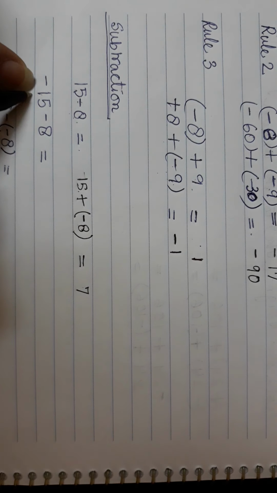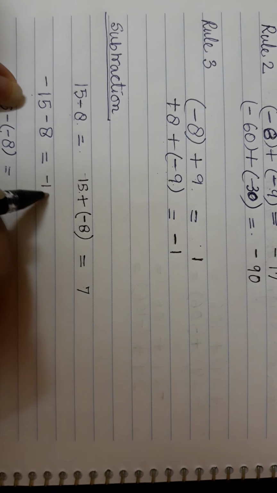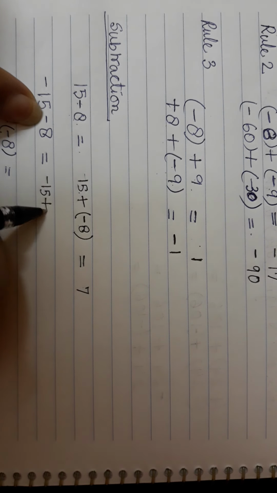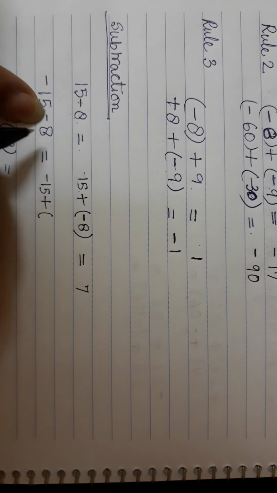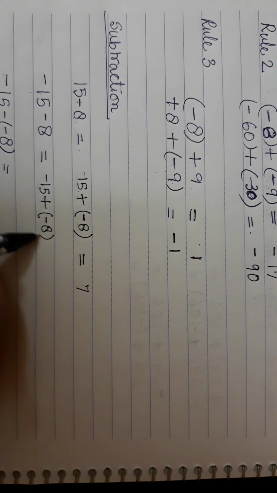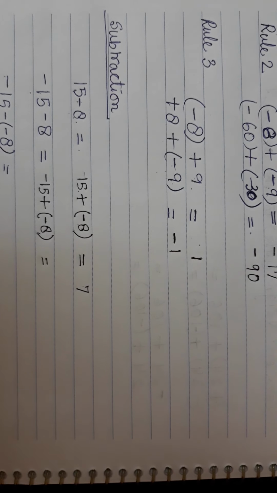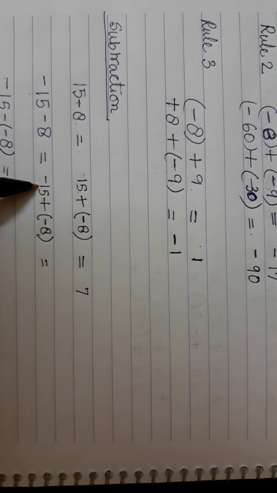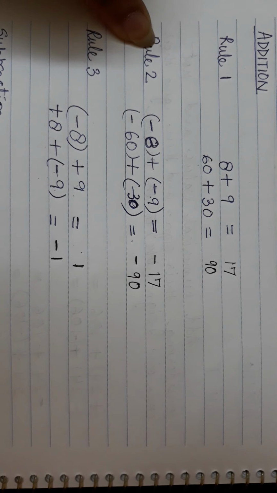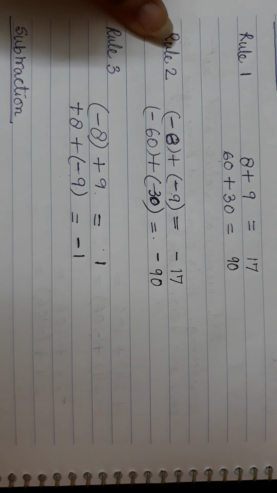Now I come to the second one. I have here minus 15, so it remains minus 15. The minus sign will change into plus sign, and then I will write the additive inverse of 8. What is the additive inverse of 8? That is minus 8. Now both are negative, so in this case we will follow rule number 2. Rule number 2 is what? First we will add the given two numbers.